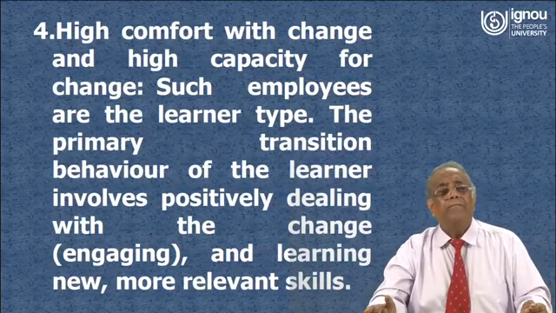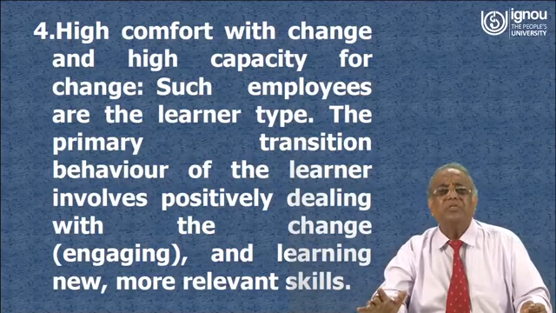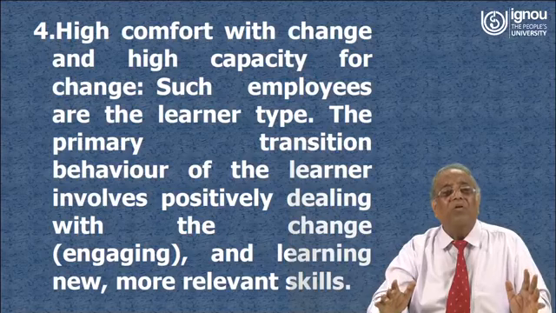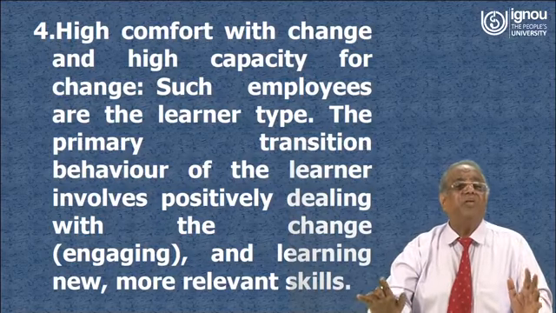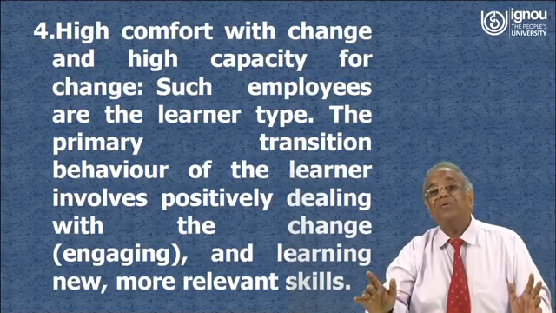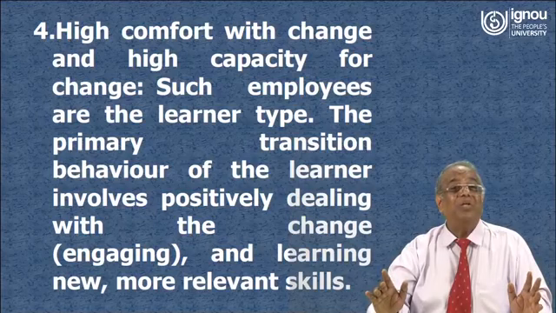Number 4, high comfort with change and high capacity for change. This is the best option for the changing process, and the management will be very happy if some employees have high comfort with change and high capacity for change.